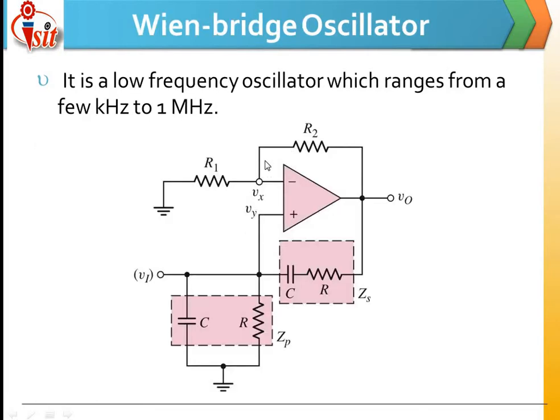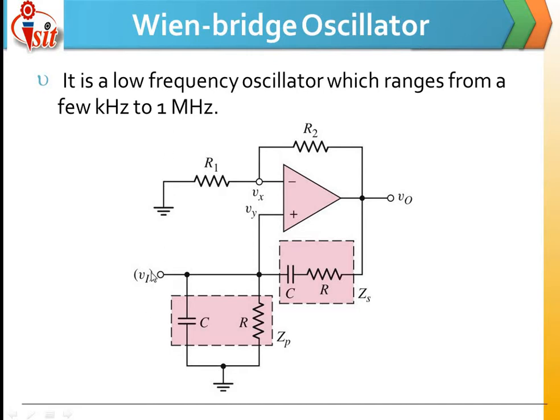The Wien bridge oscillator, which I have shown here, is one of the types of RC oscillator. It is a low frequency oscillator which ranges from a few kilohertz to 1 megahertz, as I have told. The RC oscillator generates frequencies of 1 megahertz or less.